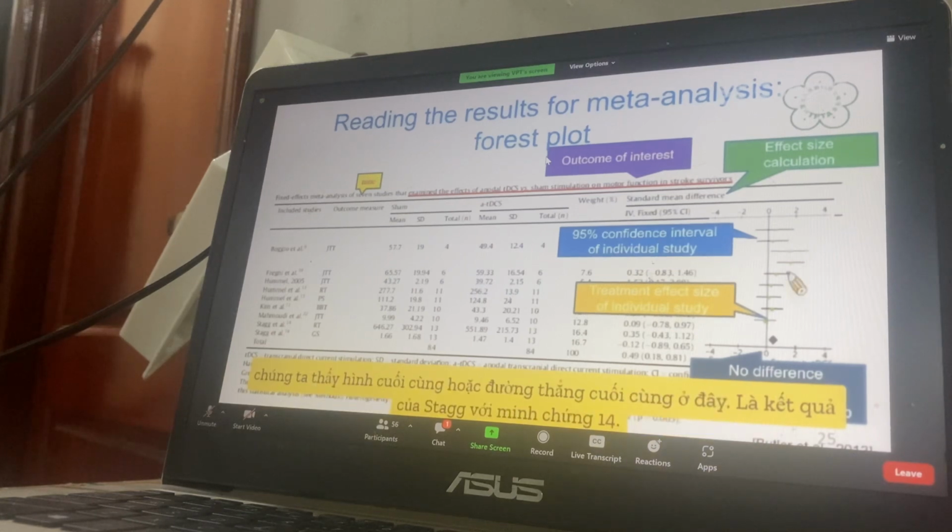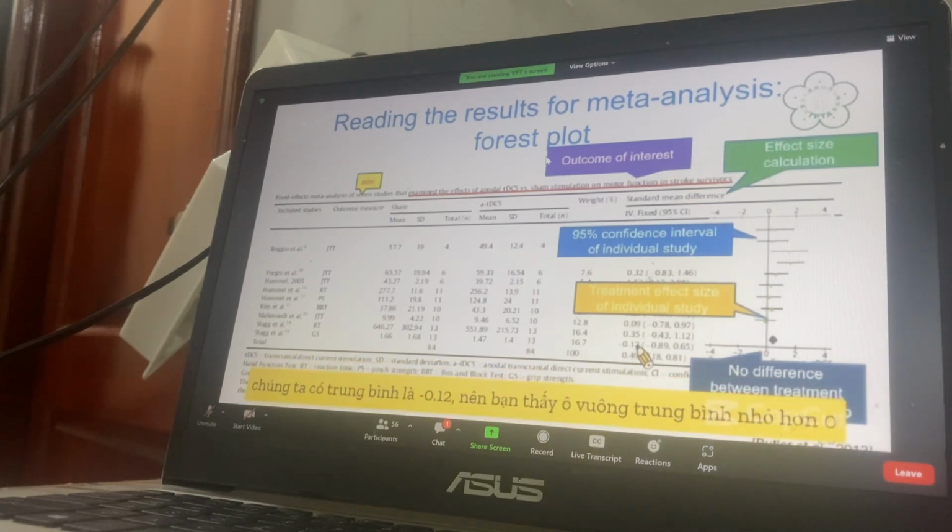Okay, and we can see from the last line over here, that's a result from Staga, or reference 14, and they got a mean effect size of -0.12. So you can see the green square would be less than 0. And then again, the confidence interval crosses 0.